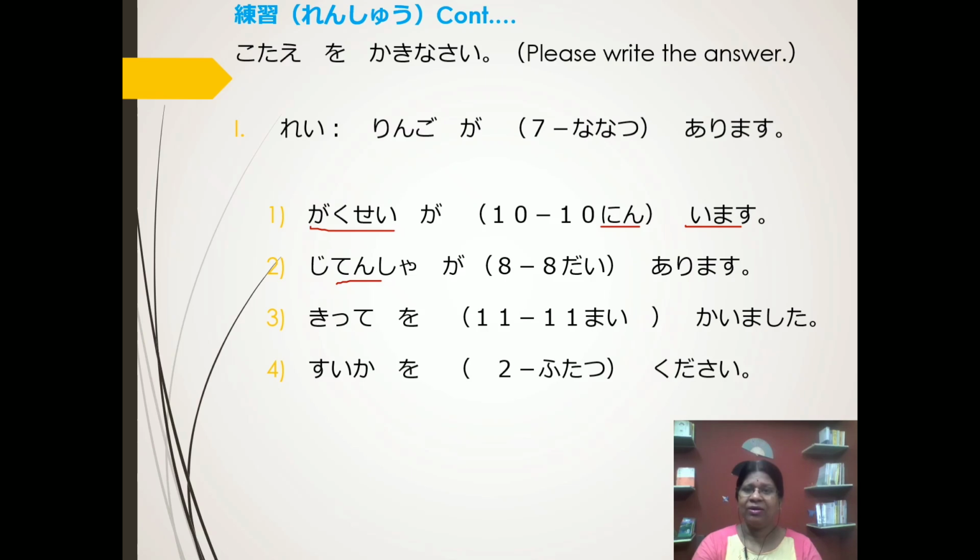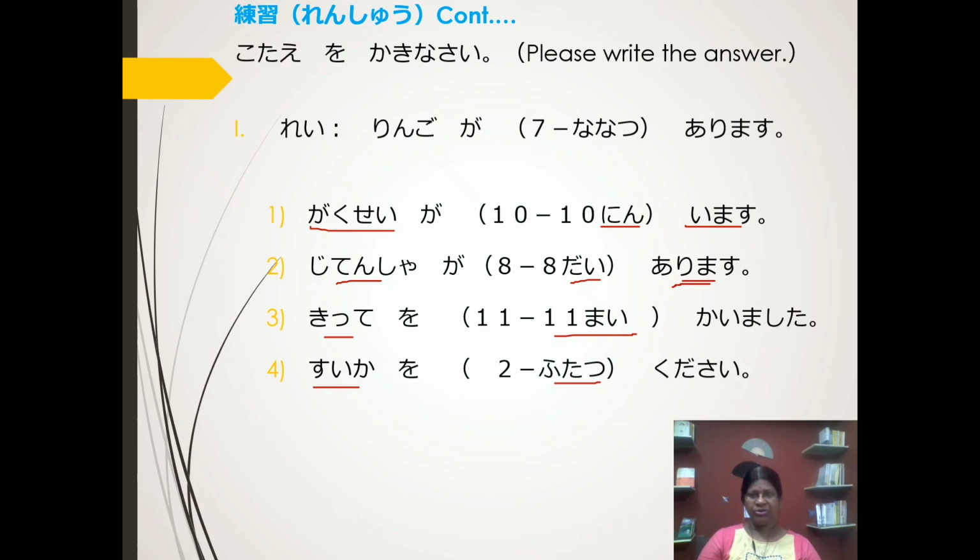So the counter suffix is 台。自転車が8台あります。切手を11枚買いました。切手 a flat thing. So the counter suffix is 枚。スイカを2つください。スイカ a thing. So the counter is 2つ. Or you can say also 2個。Hope you understand.